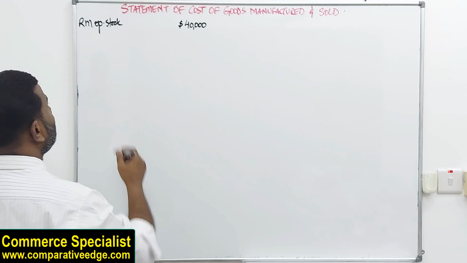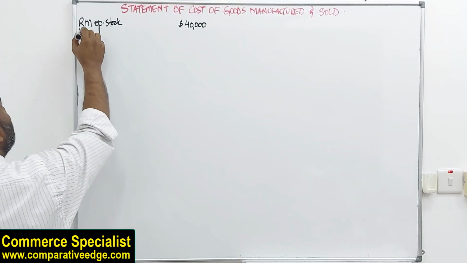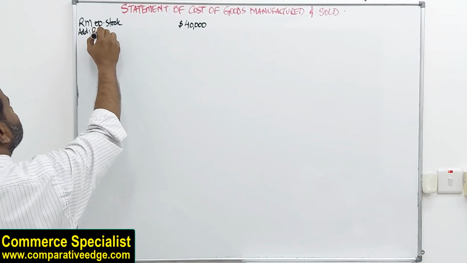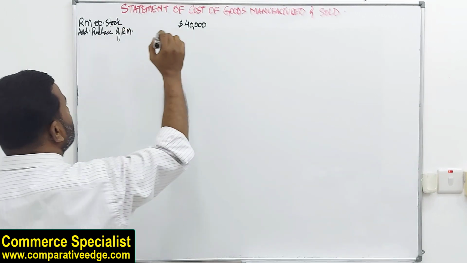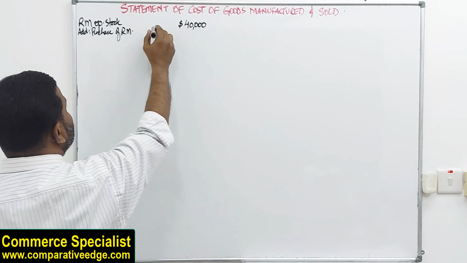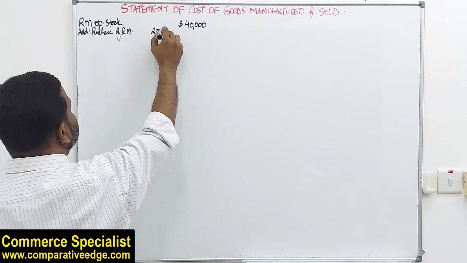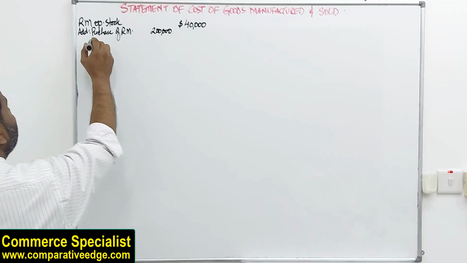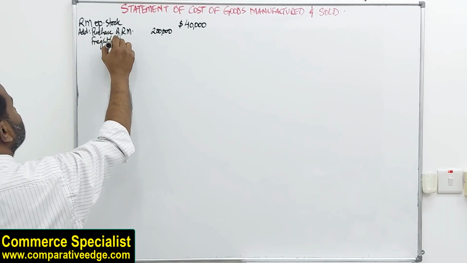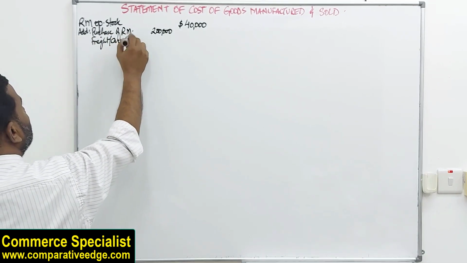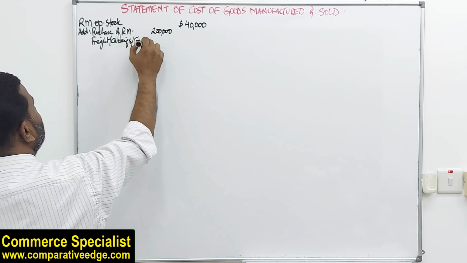So 40,000 worth of stock was already there in the warehouse. This is not enough for the whole year. So what we're going to do is add purchase of raw material. When I buy raw material, let's say I'm talking about 200,000. Obviously, I have to pay some freight on this, carriage or transportation, whatever you call it.